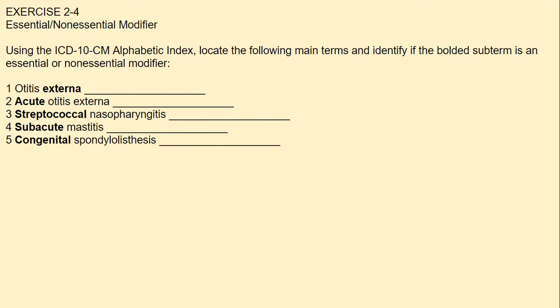Congenital spondylolisthesis. It says see also condition, and then it's got a couple other ones listed right underneath it.